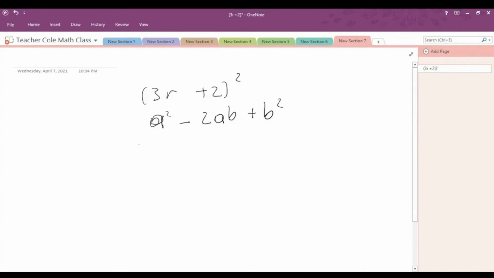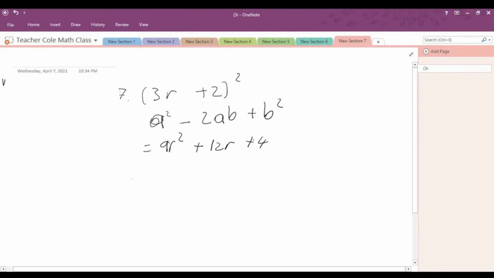Alright, so we're going to rewrite it now to give us a squared, 3 3's 9, and r squared plus 2ab. So it's 2 times the 3r times 2. It gives us 12r. And b squared is 4. So that is our final answer for number 7.